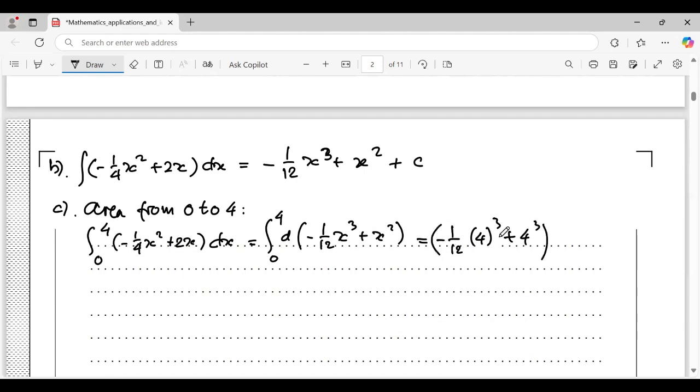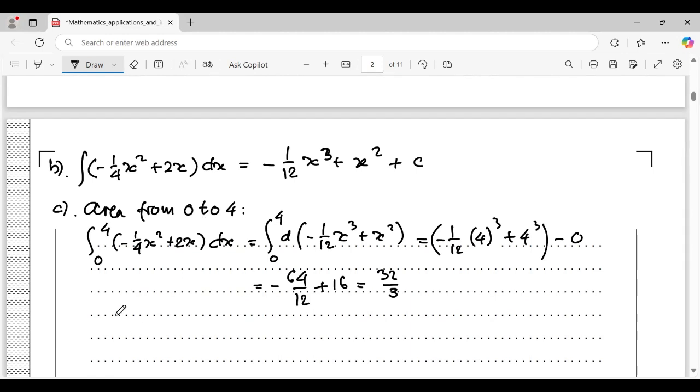And if you substitute 0 here, it becomes 0. The result is -64/12 plus 16 equals 32/3, because 12 times 16 minus 64 is 128 over 12. Now simplifying this, the result is the area from 0 to 4.